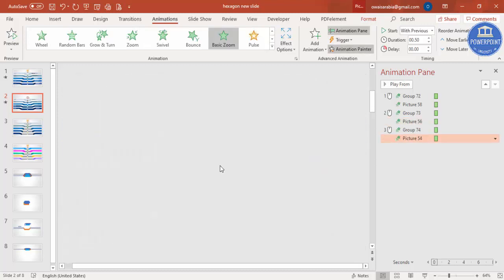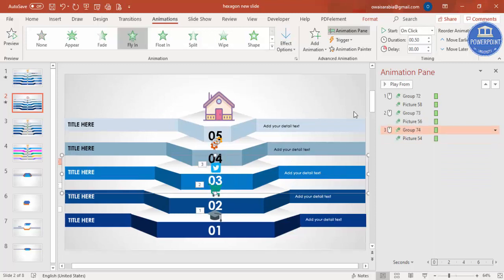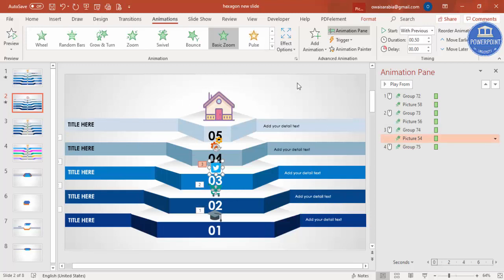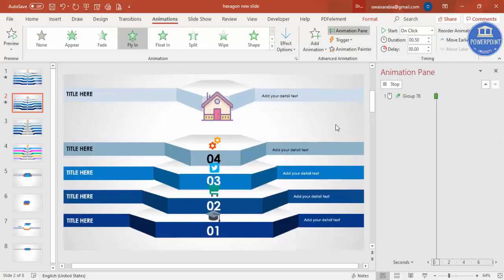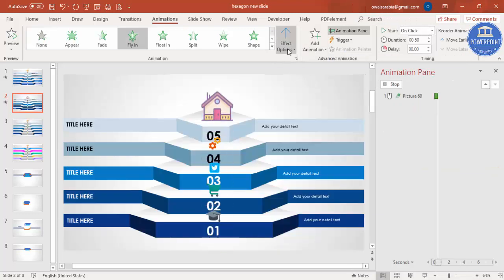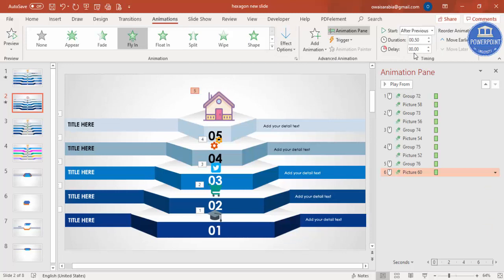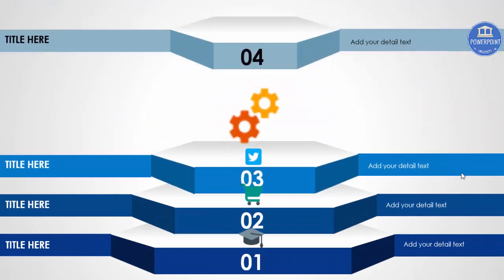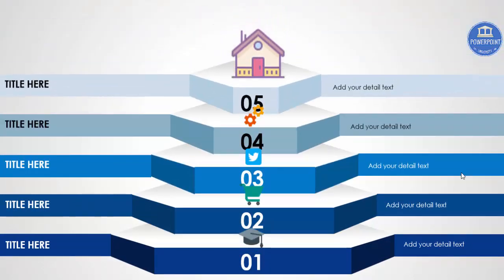So for this icon, I'm just going to select, then I'm going to make it for fourth option, and then this one, and for this I'm going to select fly in again from top. This should happen after previous. So let me just play. When I click, you can see here, that's it.